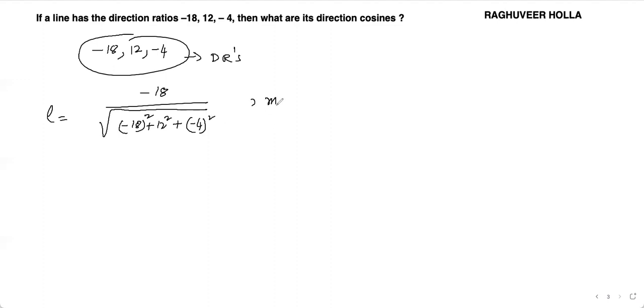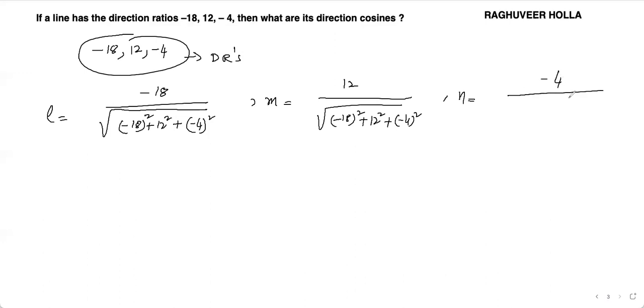So M will be 12 by square root of minus 18 whole square plus 12 square minus 4 square, and N, which is minus 4 by square root of minus 18 whole square plus 12 square, and this is minus 4 whole square.